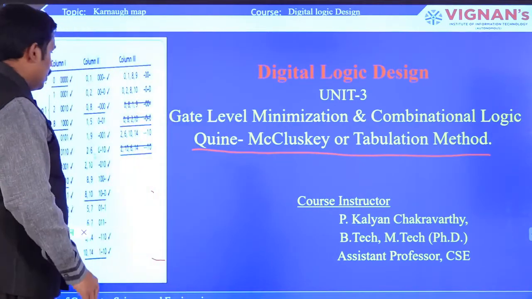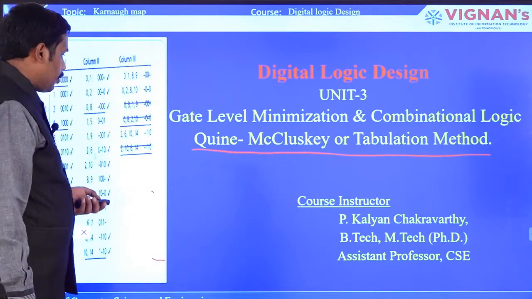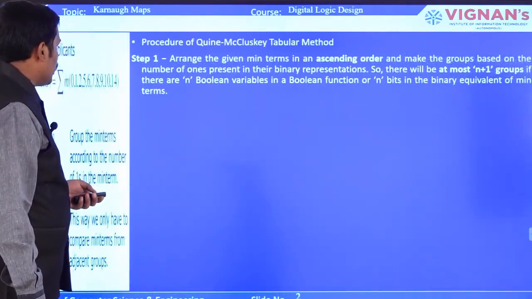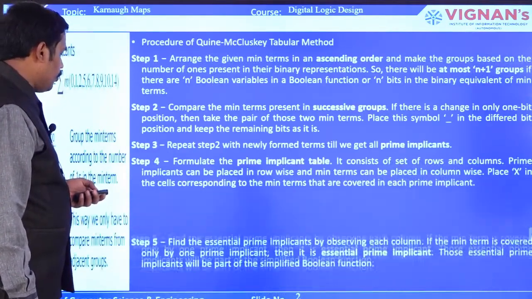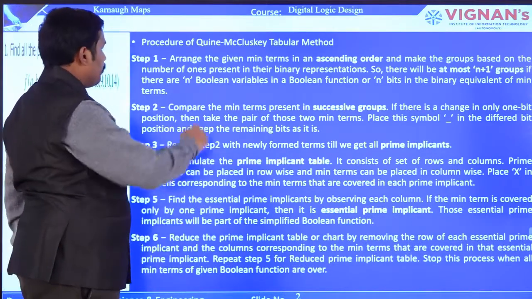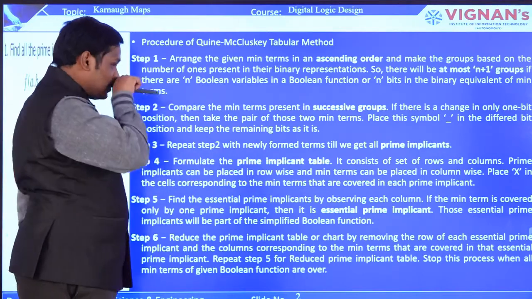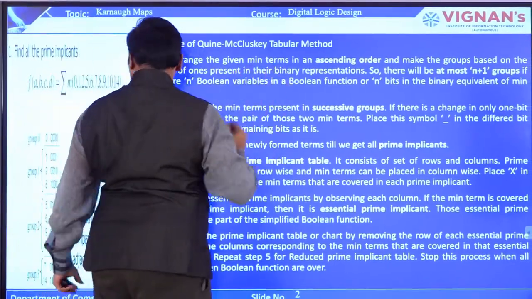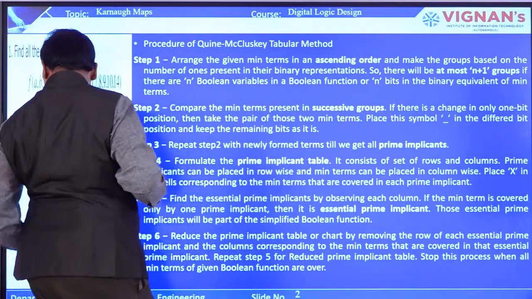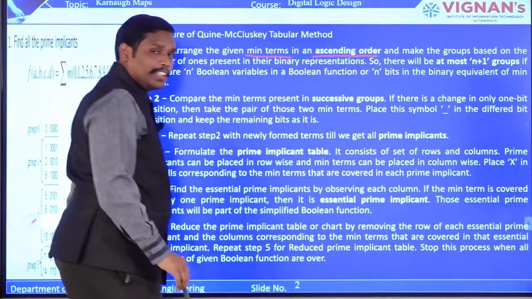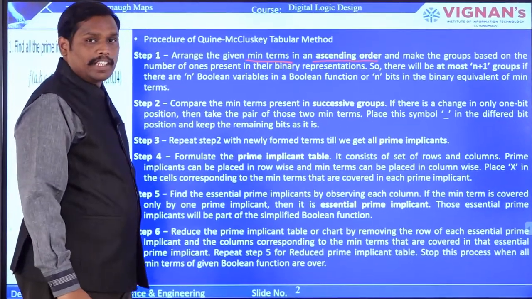So now we see this tabulation method or Quine-McCluskey method. There are procedures that you have to follow for this method. The min terms that we are going to take are to be arranged in ascending order, and grouped.